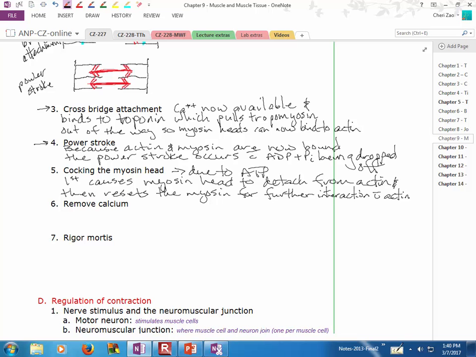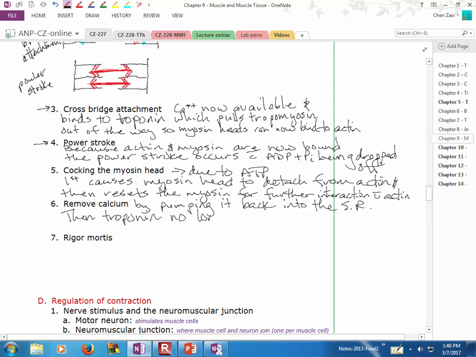When you remove calcium, you do so by pumping it back into the SR. Then troponin is no longer able to keep tropomyosin from covering the binding sites on actin.